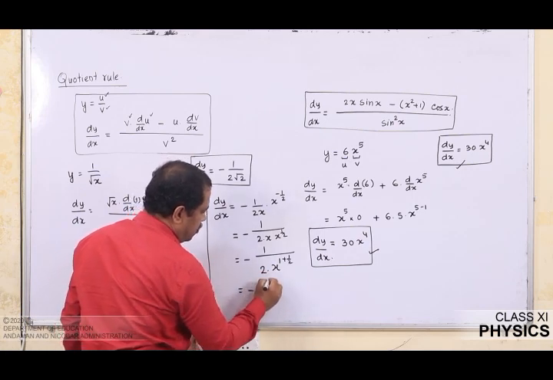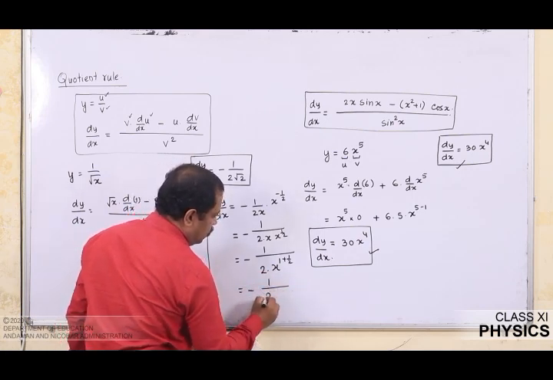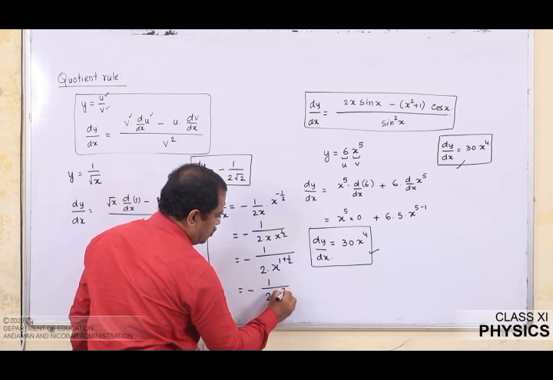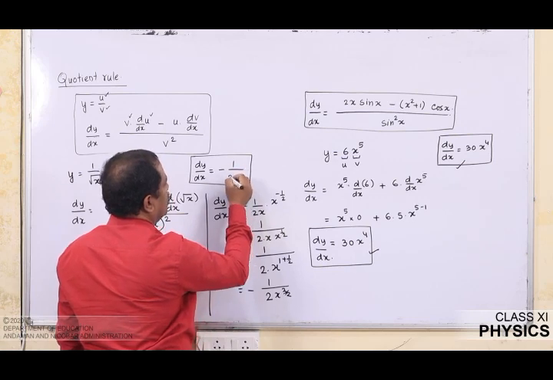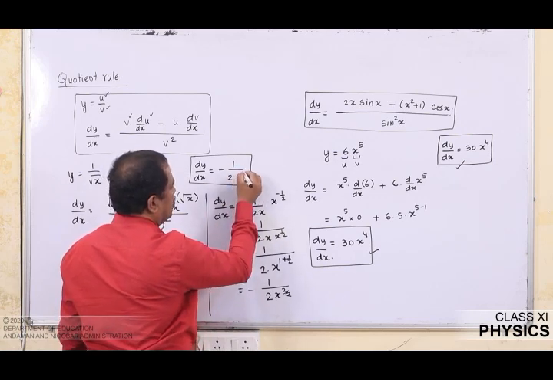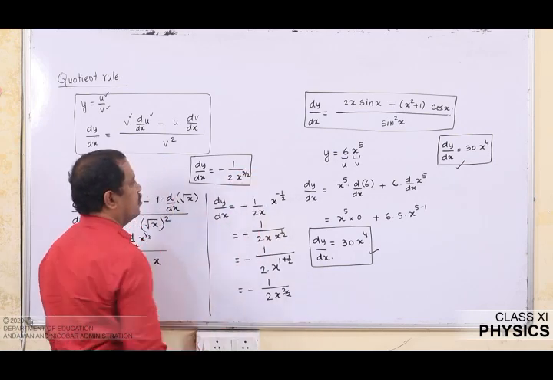The answer is minus 1 over 2 times x power 3 by 2. This was the answer we got earlier.